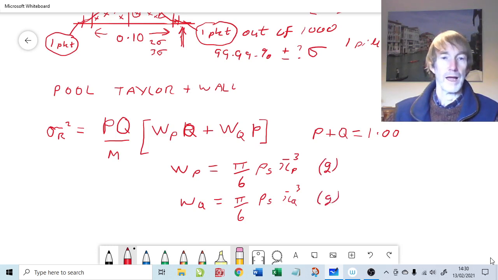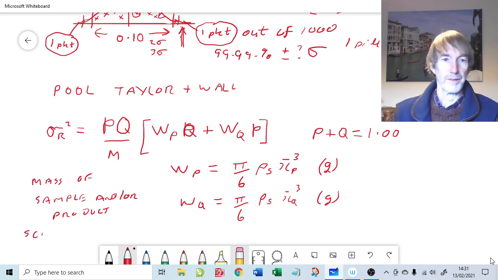Okay, now finally M is the mass of the sample and or product. Mass of sample and or product, and that is this thing called scale of scrutiny.